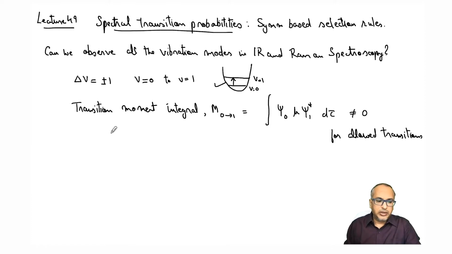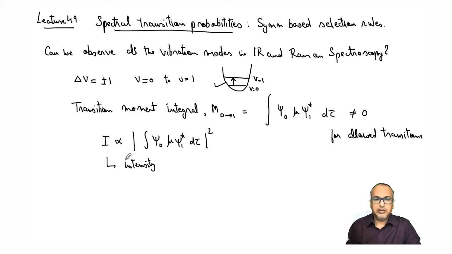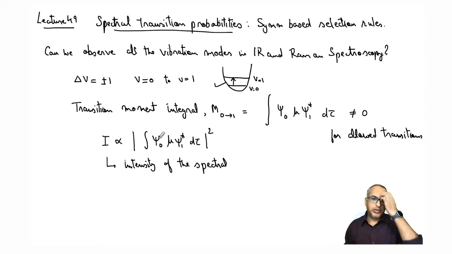The intensity of the spectral line will be proportional to the square of this integral. But of course you need to know the exact form of these psi wave functions, which we'll also discuss today.